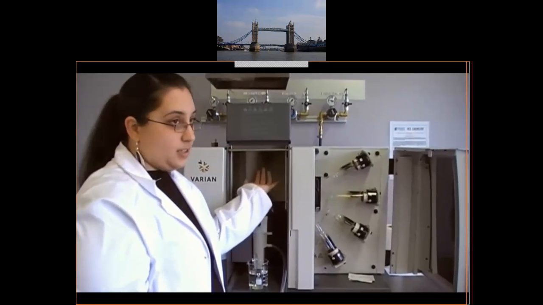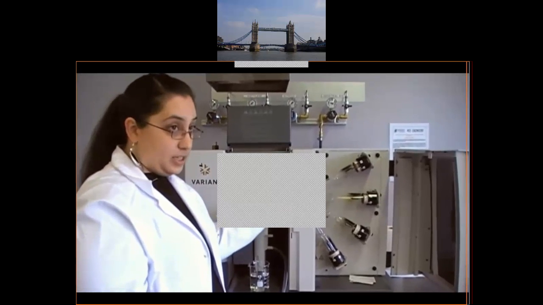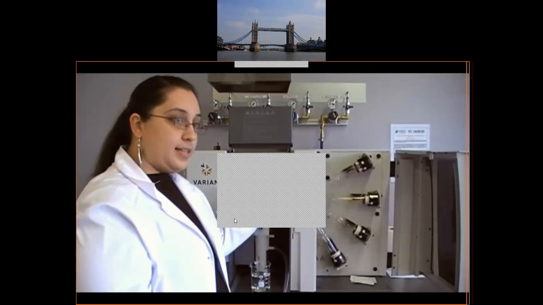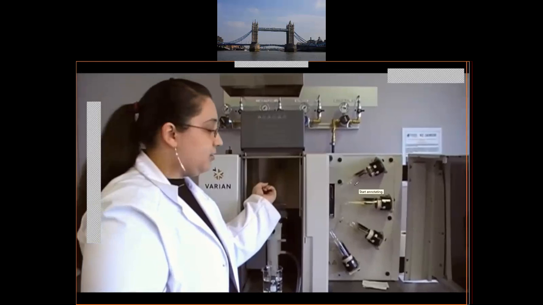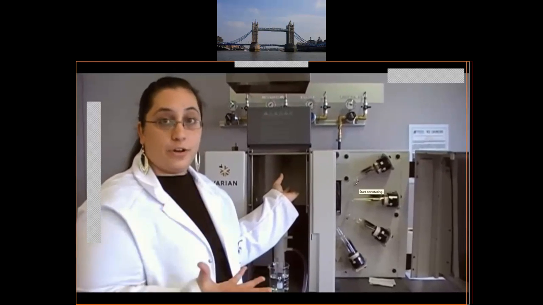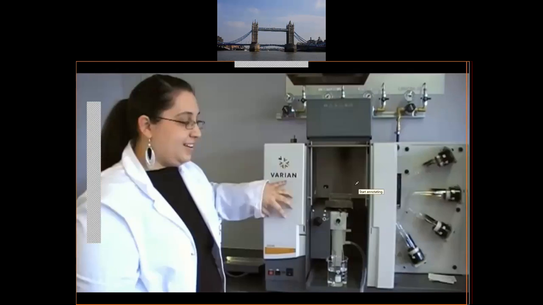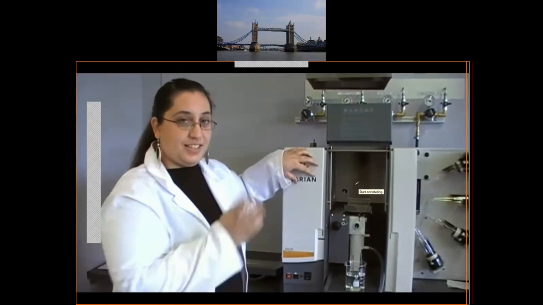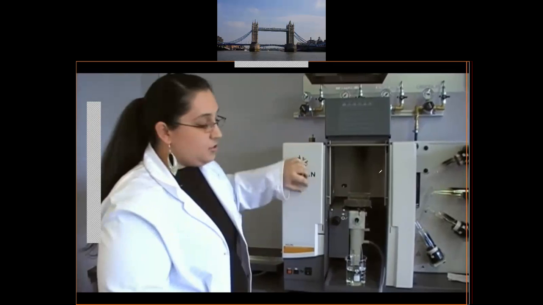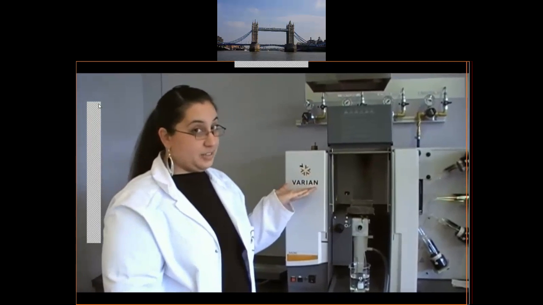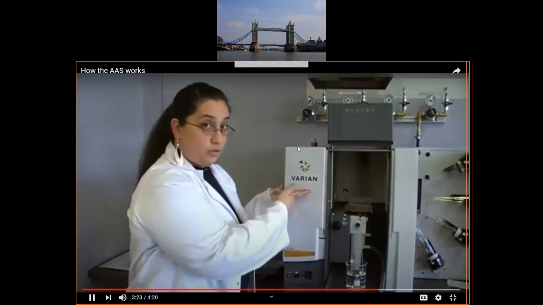Any magnesium atoms will be excited, their electrons will be excited to a higher energy level. And then, as they return to their ground state, they'll give off that energy in the form of photons of light. So these photons of light will pass through to the detector, which is in this part of the instrument. And the instrument will be able to see an increase in the amount of light that's transmitted between what comes through normally.